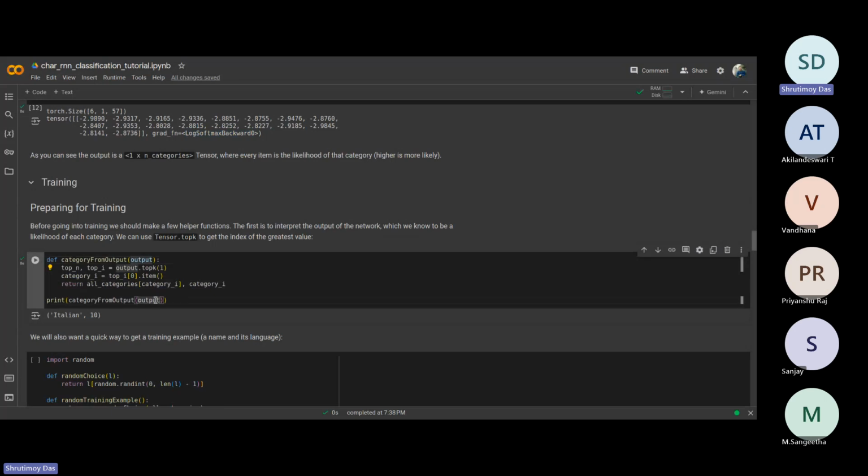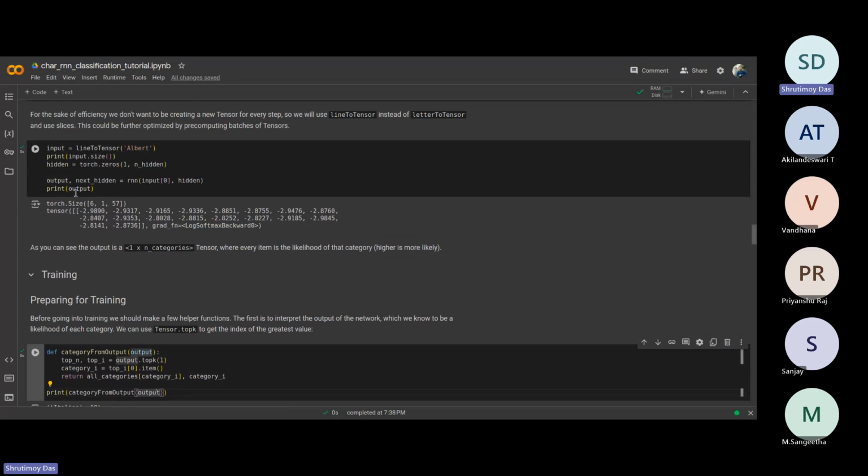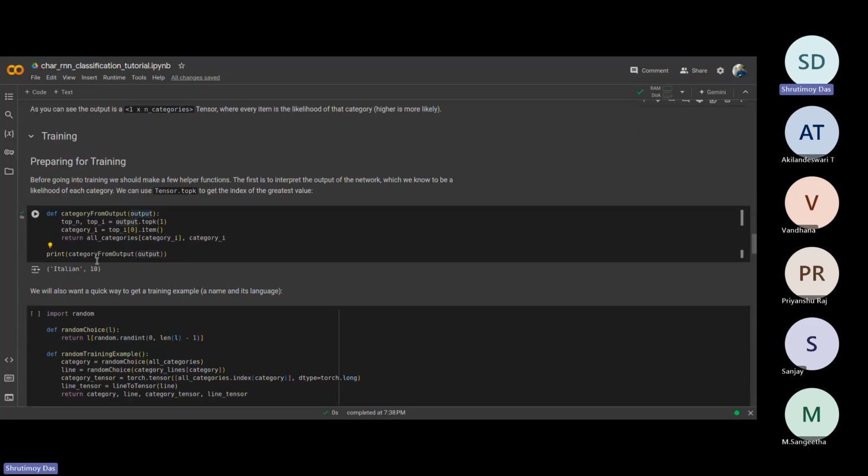In this case, this is your output, and this output means that it is predicting that the surname is of type Italian. It is an Italian surname.